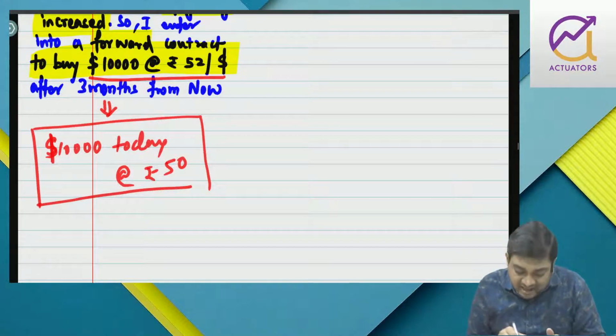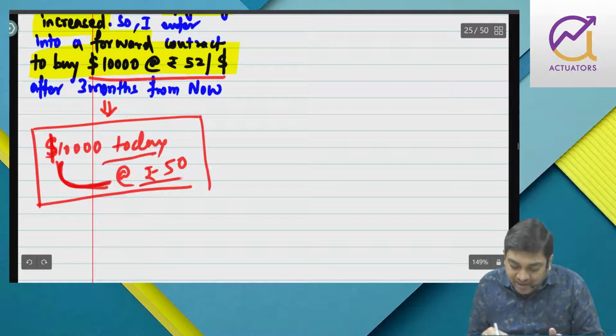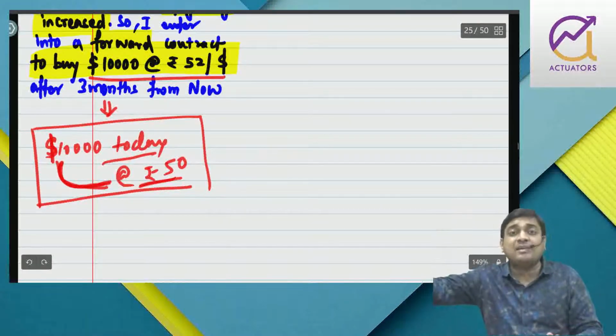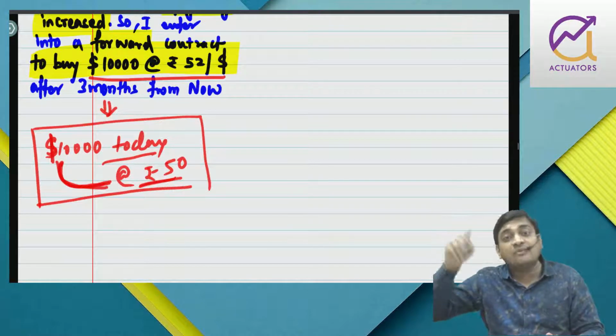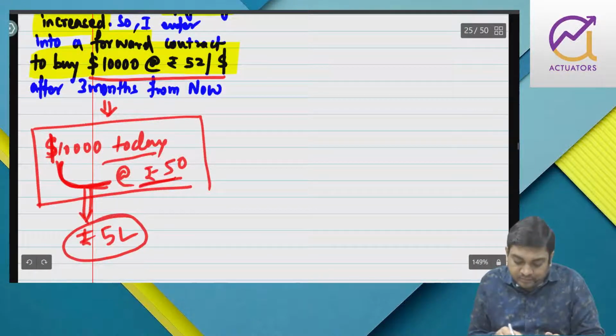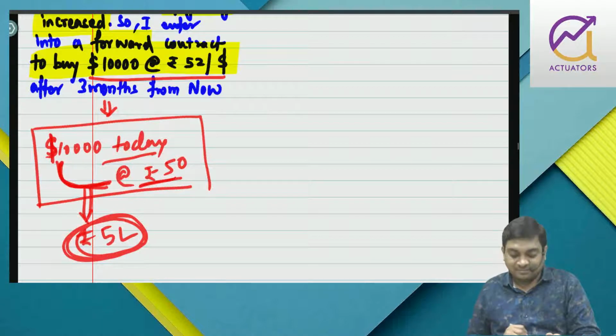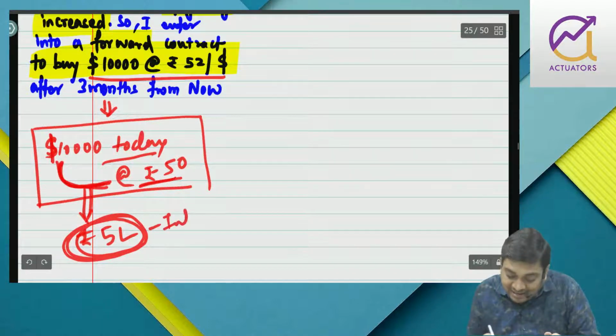My dear friends, if I block $10,000 buying today at 50, but I have payable when? After 3 months. So if I am blocking rupees 5 lakh today, I have to borrow this, and that can yield an interest cost.